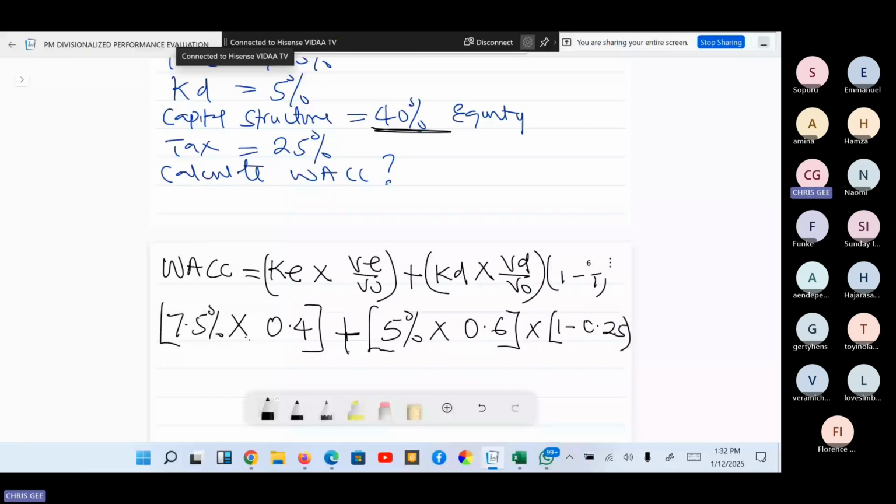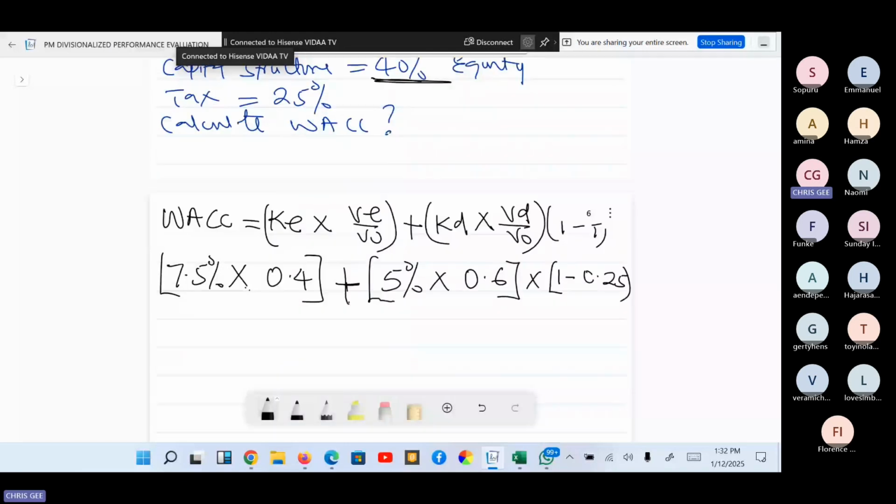Right? So help me, 7.5 times 0.4. That's 3%. Plus 5 multiplied by 0.6 multiplied by 0.75.